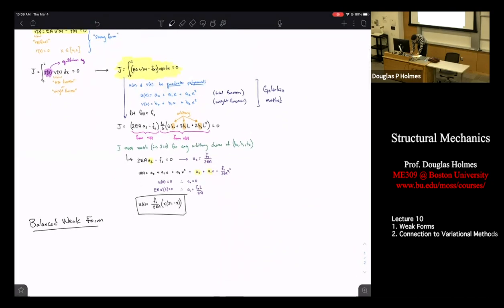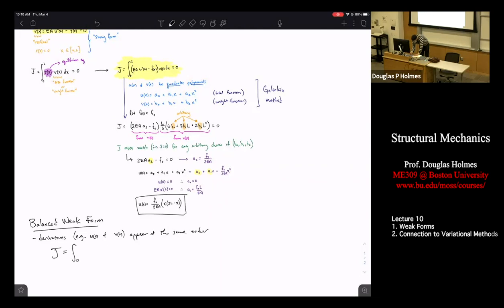And that is getting J to be balanced, which means that derivatives of u and derivatives of v appear at the same order.